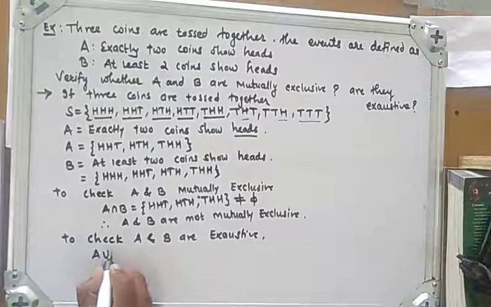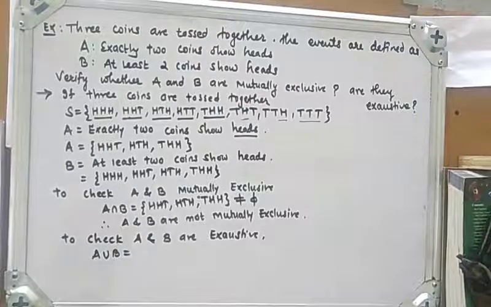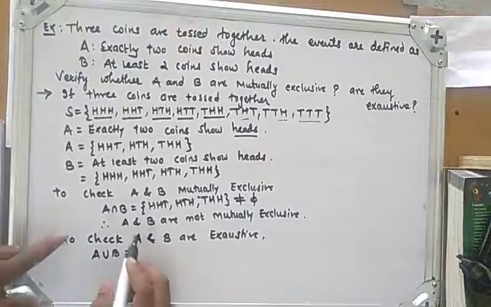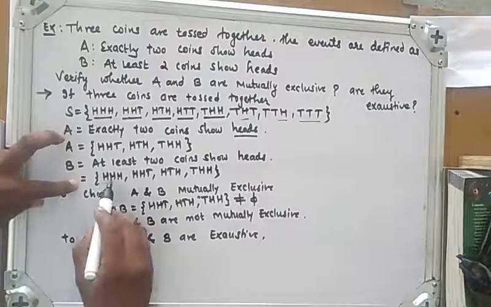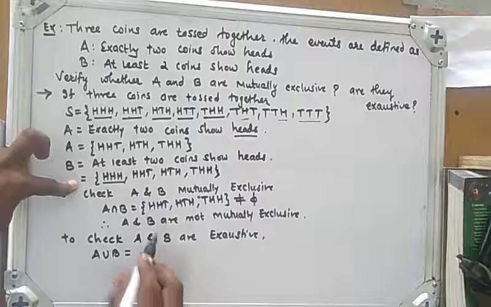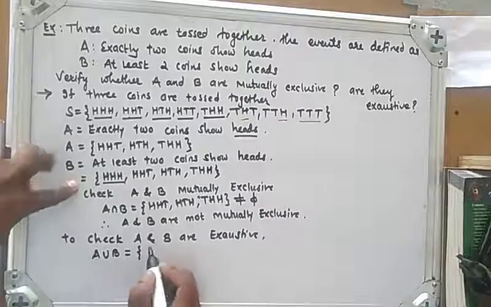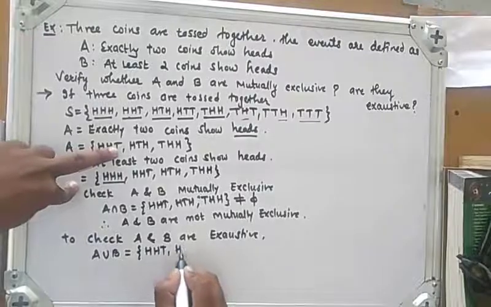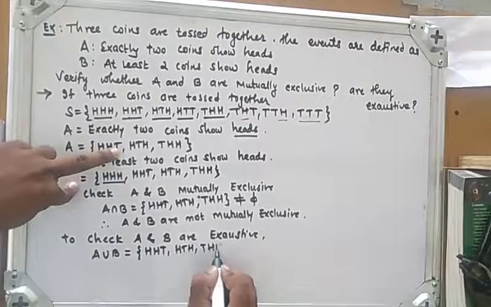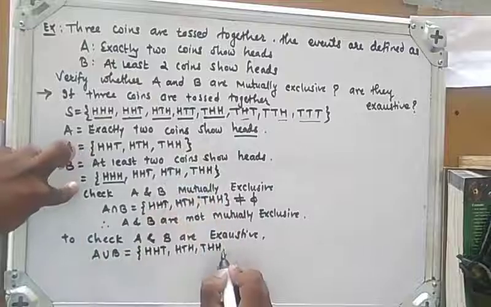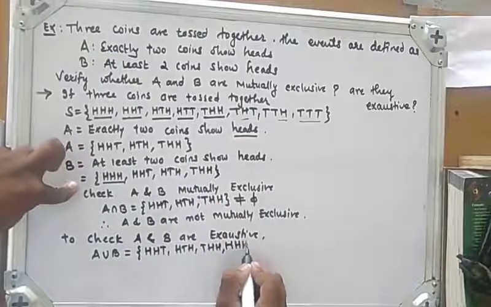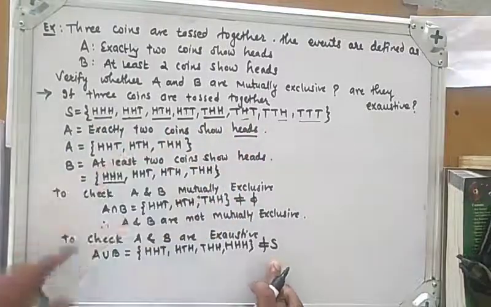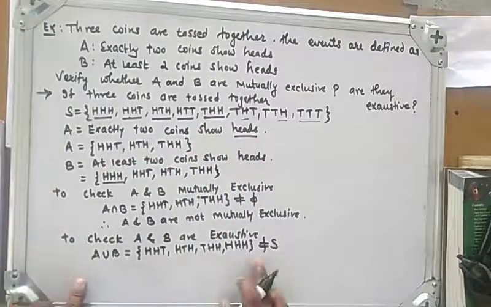A union B has all the common elements and only the remaining element H from B. Which is not the same as S, because S has a total of 8 elements and A union B has a total of 4 elements.